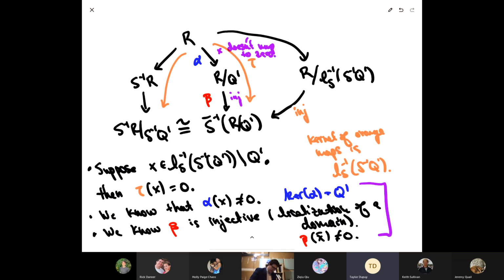This gives you a contradiction. It contradicts the fact that tau of x is equal to 0. So that means these two things have to be the same. This implies that LS inverse of S inverse of Q prime is equal to S inverse of Q prime. Let me write that a little better. This must be Q prime.